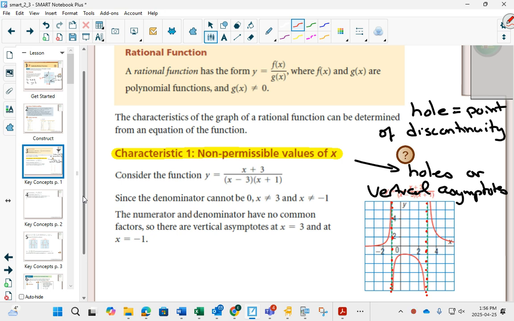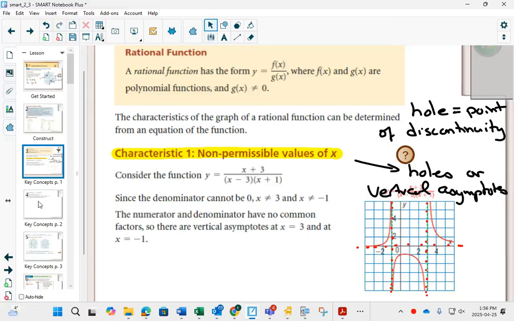Can you see that it's a parabola on the bottom and a line on the top? The degree is bigger on the bottom. This is group 3. We're not supposed to do this characteristic yet, but that's why there's an asymptote at y = 0. Whenever it's bigger on the bottom, you have a horizontal asymptote at y = 0.